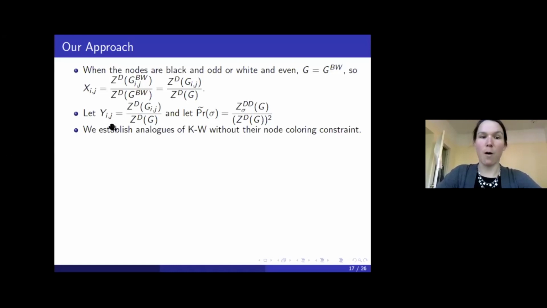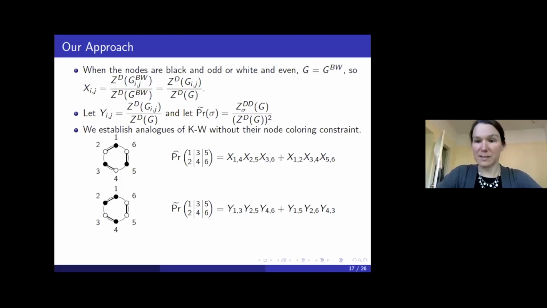So we let Yij be this quantity ZD of Gij over ZD of G. And we define PR tilde to be the same as their PR hat, except with their GBW replaced with a G, and then establish analogs of Kenyon and Wilson's results without their constraint on the node coloring.